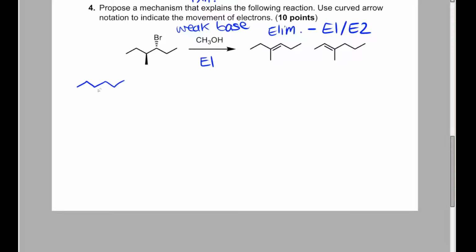So now that we've identified that it's an E1 mechanism, we can draw it out. We're going to start off with this precursor, this alkyl halide, and we're going to just remove this leaving group first because in an E1 mechanism, the base is not strong enough to cause the leaving group to leave, so it has to leave before the base acts on this molecule.